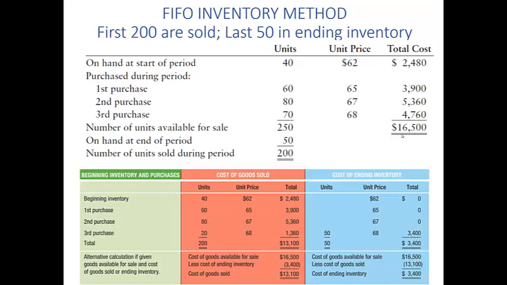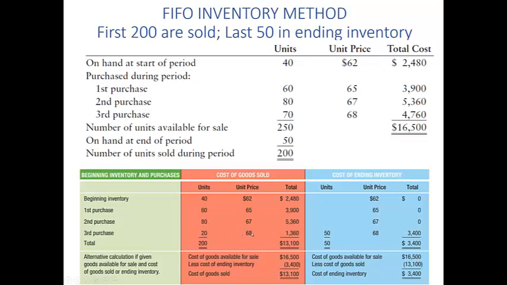Or you can do it the long way, which would take the 200 and assume that these first 200 were sold. So I would take all 40 at 62, all 60 at 65, all 80 at 67, and then 20 of these would bring me up to my 200 count.